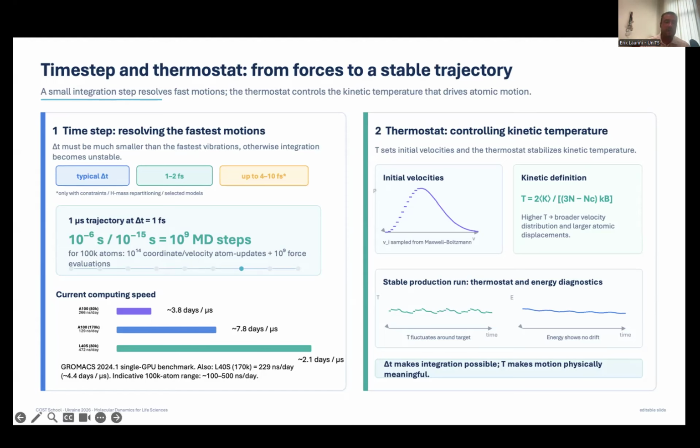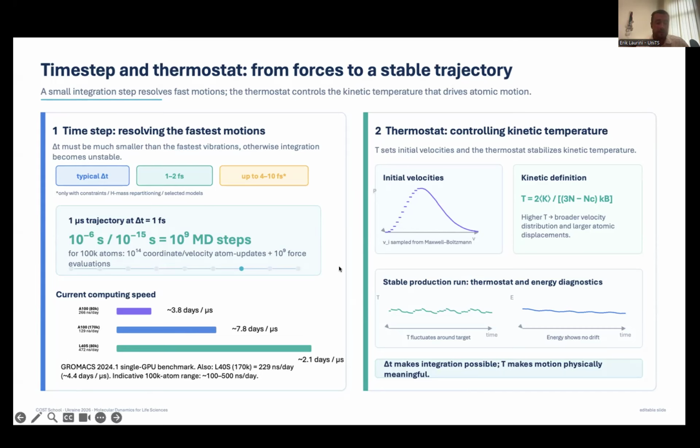This is just a benchmark, also to understand practically what the time is to acquire a good molecular dynamics simulation. This is a system of more or less 100,000 atoms, so a medium-large biomolecular system.